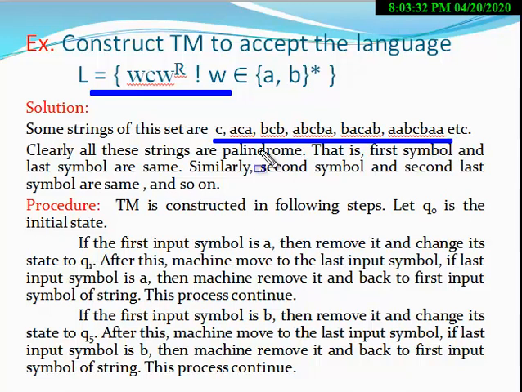The first, smallest string belonging to this set is C. The second string is ACA. The third is BCB. Fourth is ABCBA. Fifth is BACAB. Then AABCBAA. So these are some strings which belong to this set.